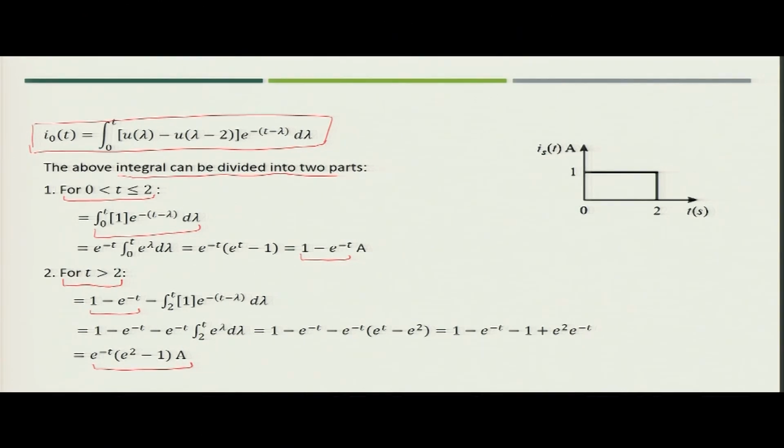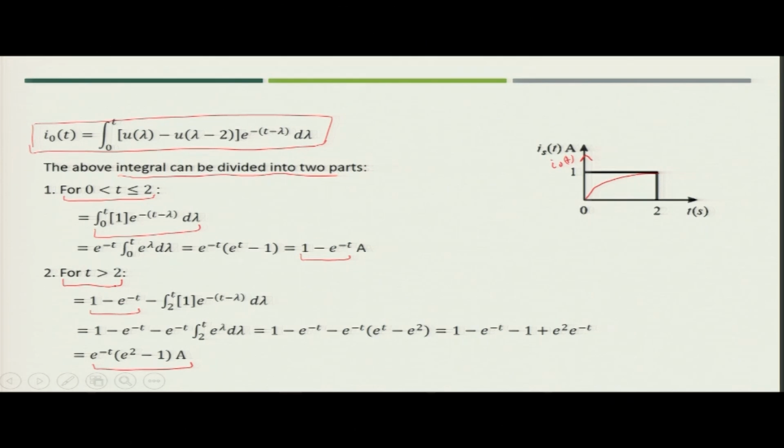If you now see these two values, for time t ranging between 0 to 2, this is 1 minus e to the power minus t ampere. So, at this point the current is exponentially rising. If you are asked to plot the I naught t on this particular signal, for time t between 0 to 2, it is exponentially rising, so your response would be like this.